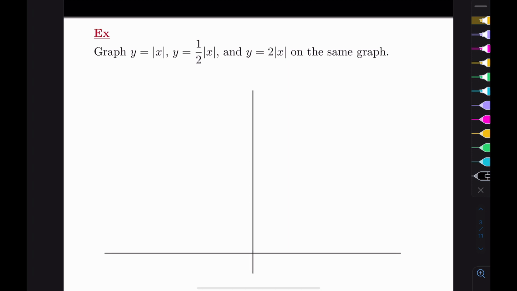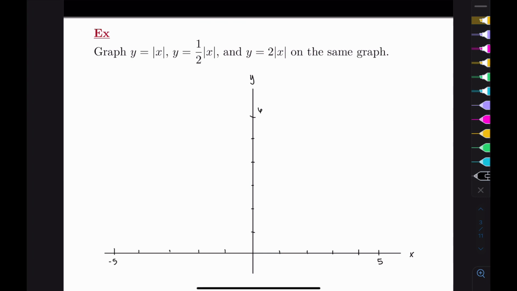So we're going to draw this nice and big, because our absolute value function doesn't have negative y values. I'm going to go out 5 in each direction. We need a little more up here, so 6 is fine. 1, 2, 3, 4, 5.